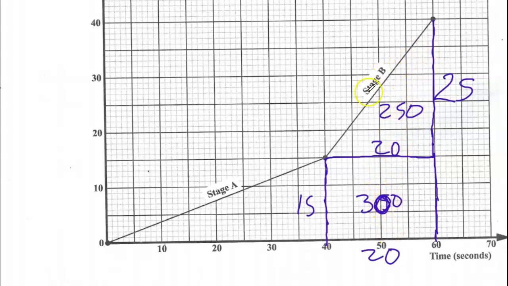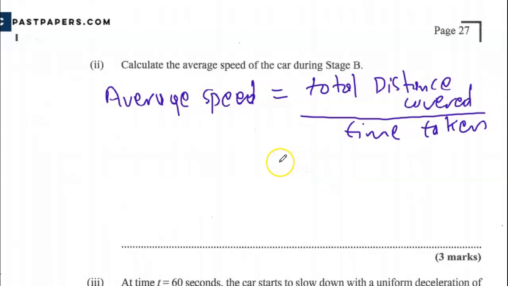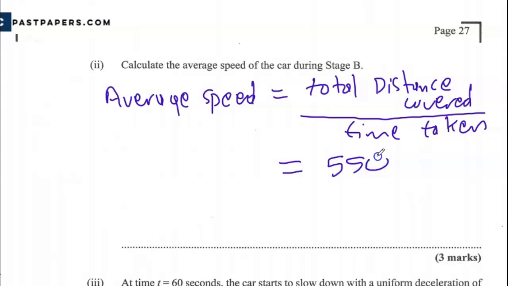So the entire area under the graph on stage B would be 250 and 300. That's 550, which means the total distance covered will be 550 meters.